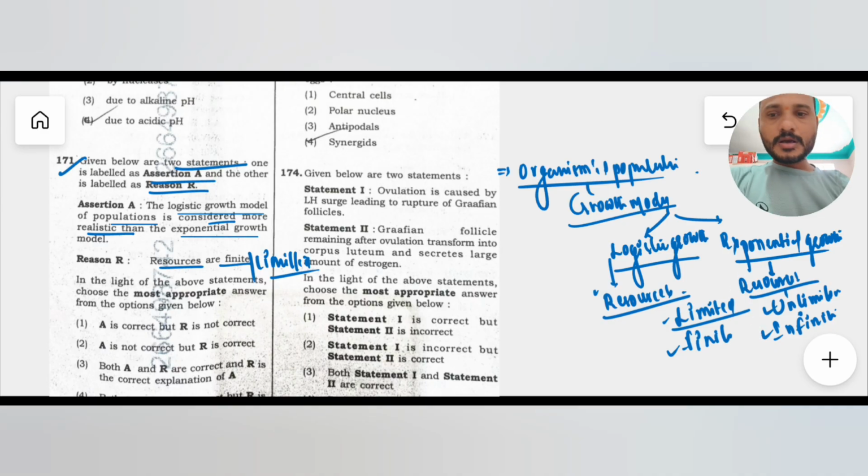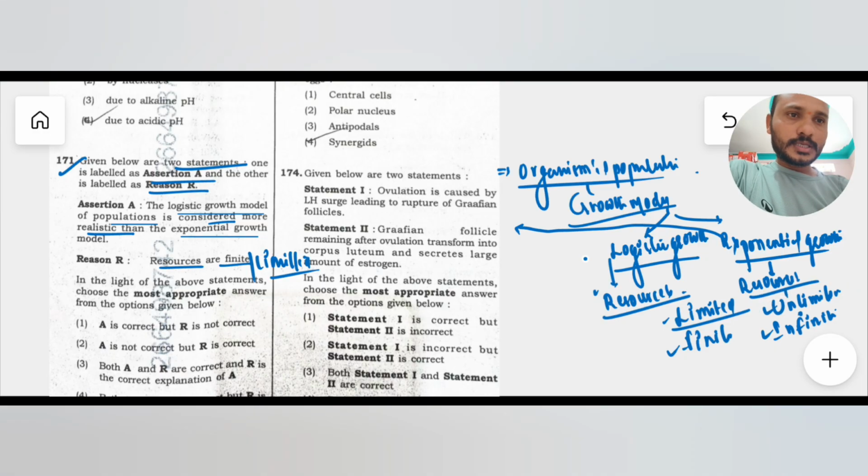Now, about the exponential growth model: it assumes resources are unlimited, which rarely happens. Generally in nature we don't have unlimited resources. Only rarely will exponential growth occur, because in the real world resources are limited.